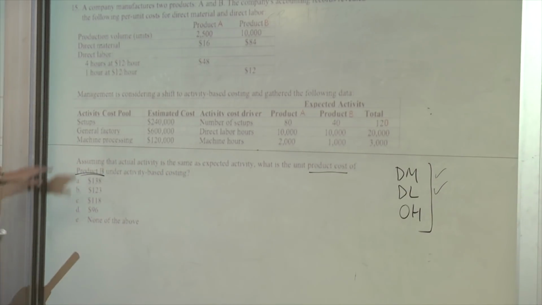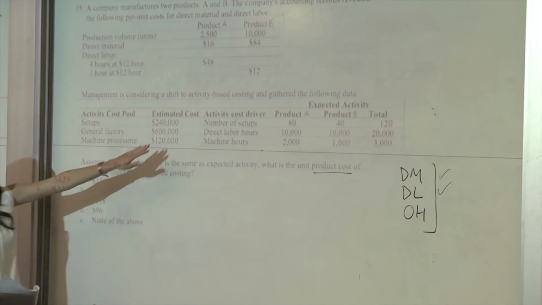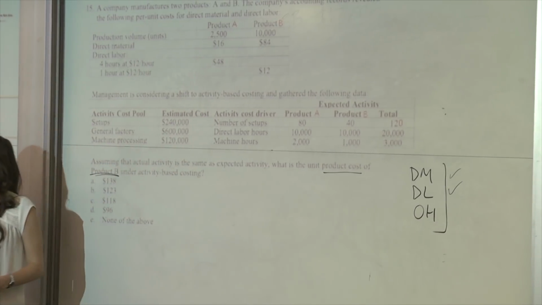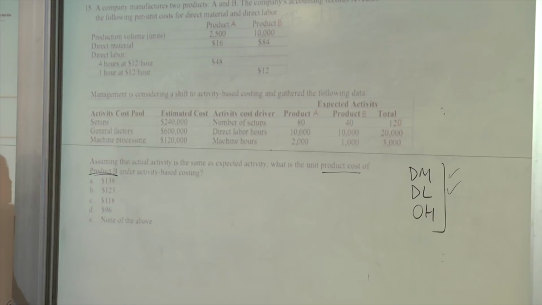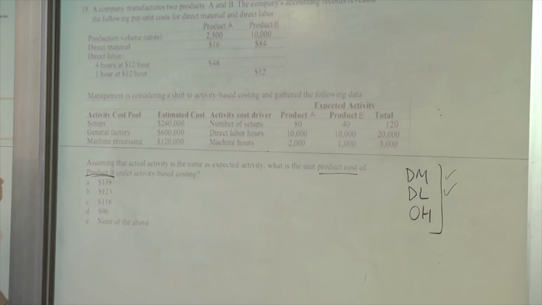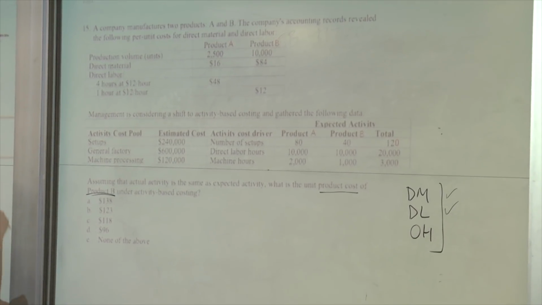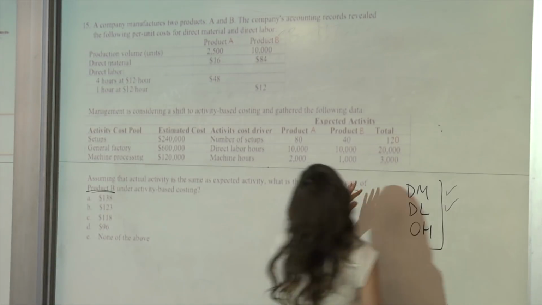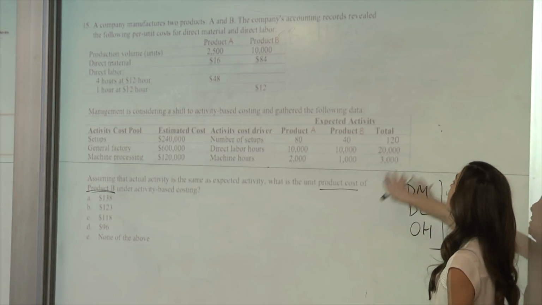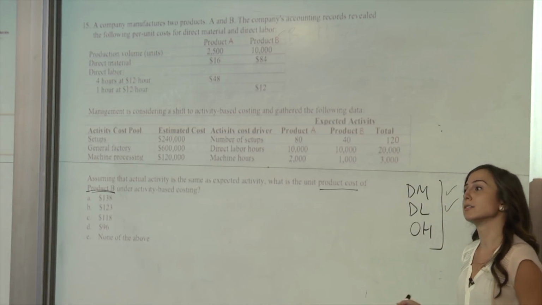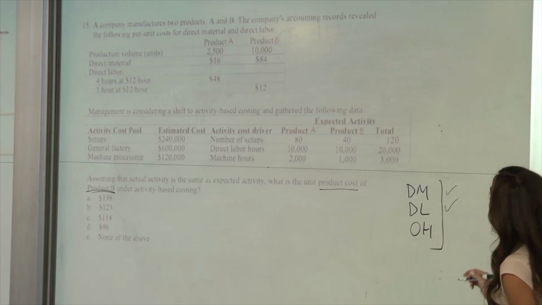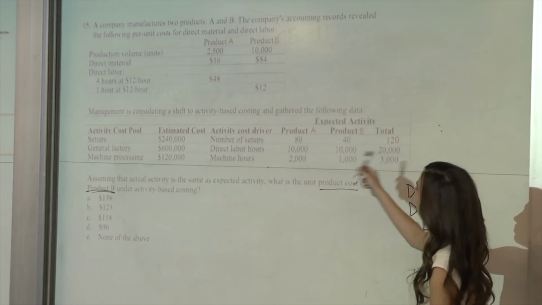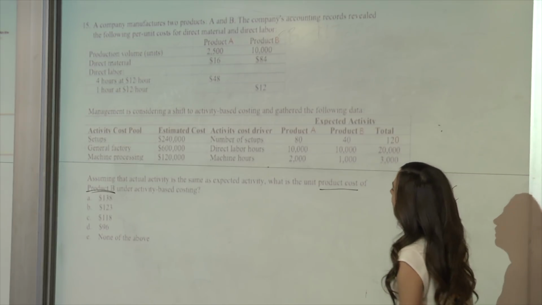So the question specifies that they're using activity-based costing. So we know that this is the method that we're going to use to apply our overhead. So in activity-based costing, what we have to do for each of these activity cost pools that are provided is calculate a rate that we're going to use to apply overhead. So we start with the first one, setups.